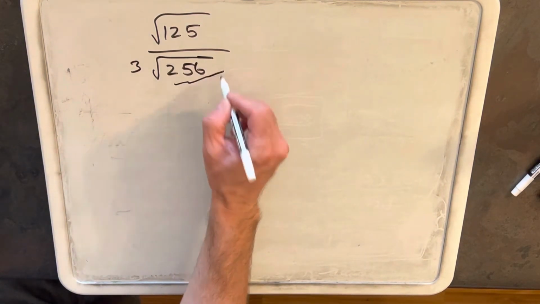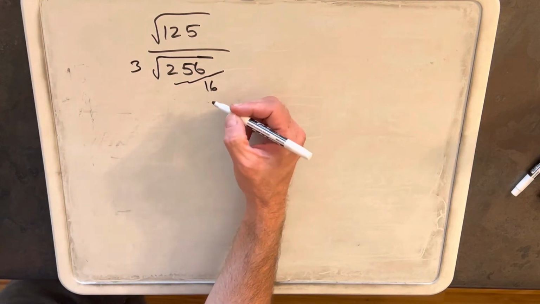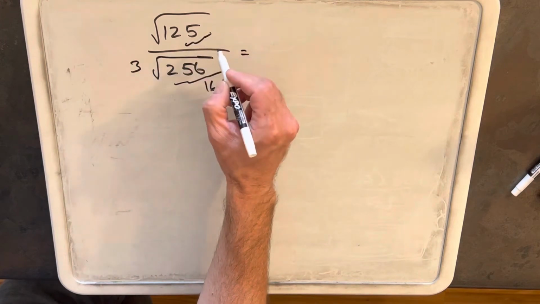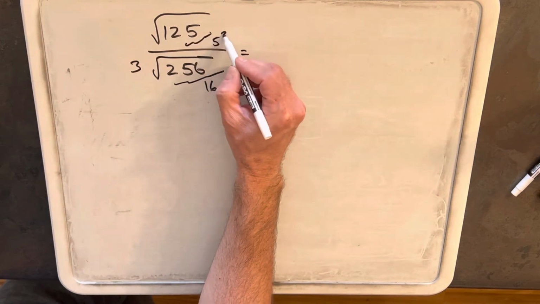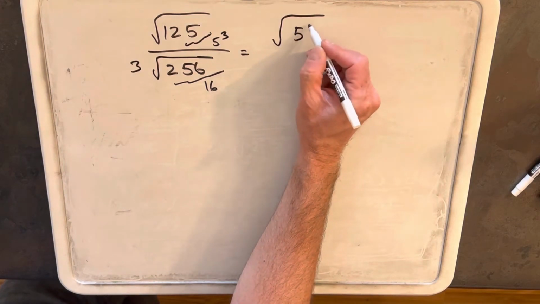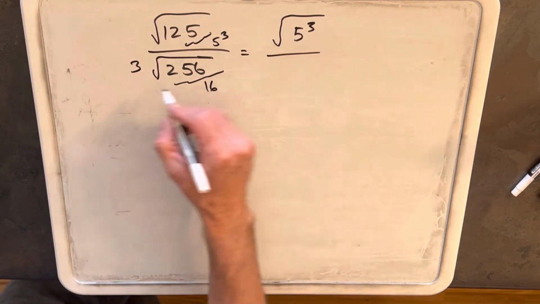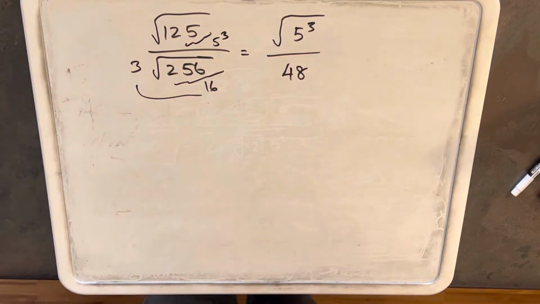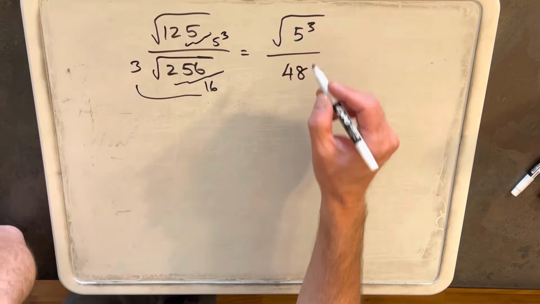Now, I know the square root of 256 is 16. And I know this is the same as 5 to the 3rd, so let's just do a little rewrite. We get 5 to the 3rd over 3 times 16, which is 48. Now, can I simplify a little more?